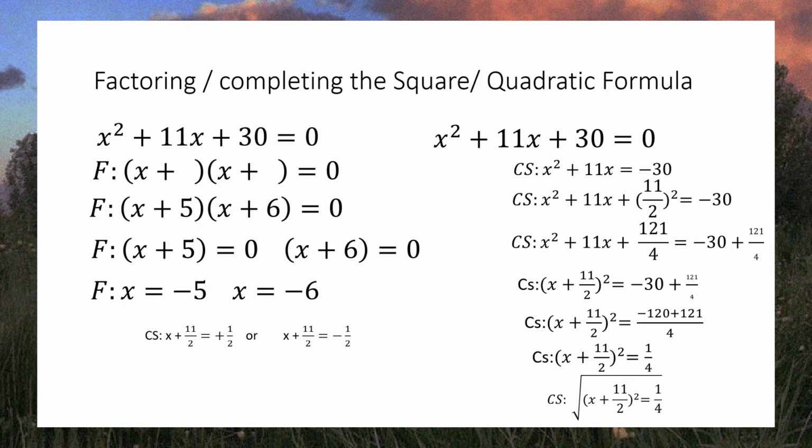Kasi dalawa lagi ang sagot. Isang positive at isang negative. Now, pwede na tayo mag-simplify. Dun sa una, sa x plus 11 over 2 equals to positive 1/2, ililipat natin si 11 over 2 sa kaliwa, ay sa kanan, magiging negative 11 over 2. The same thing dun sa kabila, negative 11 over 2.